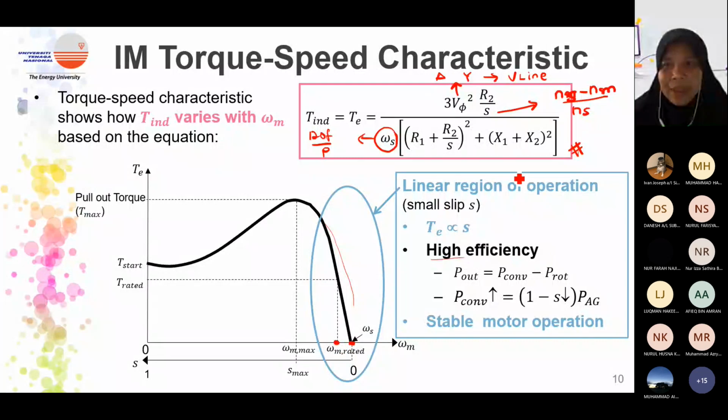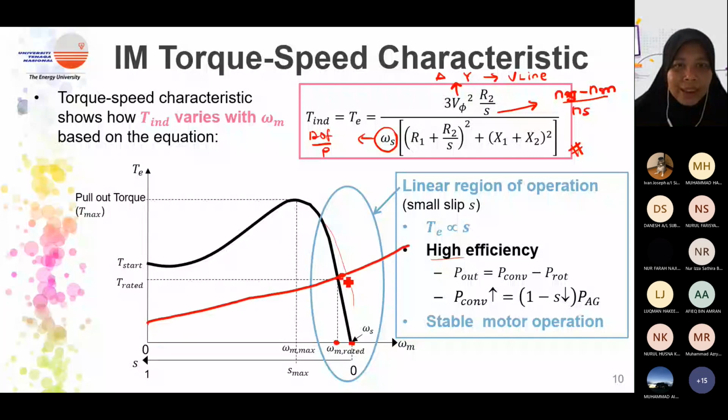Small slip, high efficiency, and this linear region also lagi stable for motor operation. So basically kalau kita nak motor to run the load, we want it to operate in this linear region. Katalah kita ada torque load characteristic, kita nak load tu intersect at this linear region. Tak mau intersect kat sini. Kalau kita intersect di non-linear region, efficiency dia very low. So kita nak dia intersect at this linear region because dia lagi efficient.